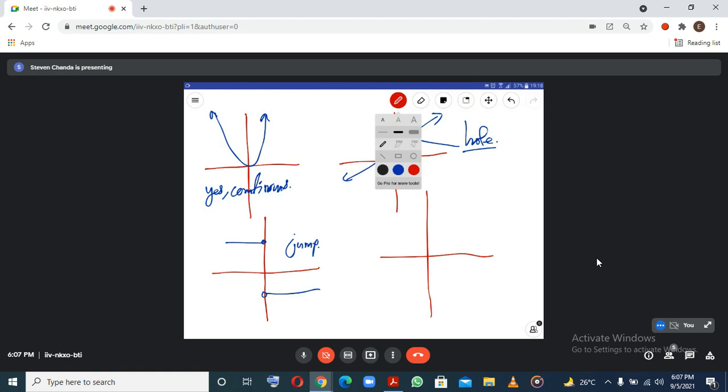So there's a vertical asymptote, and then we have that, and we have that. So what kind of discontinuity is this? Infinity.